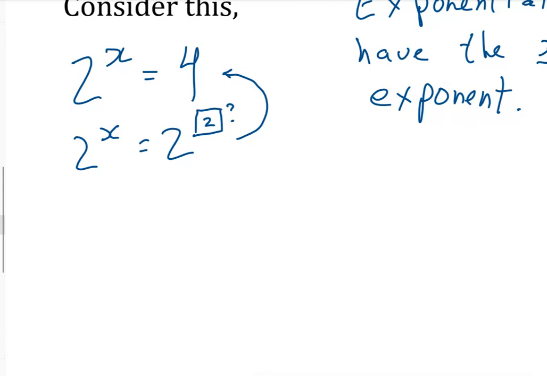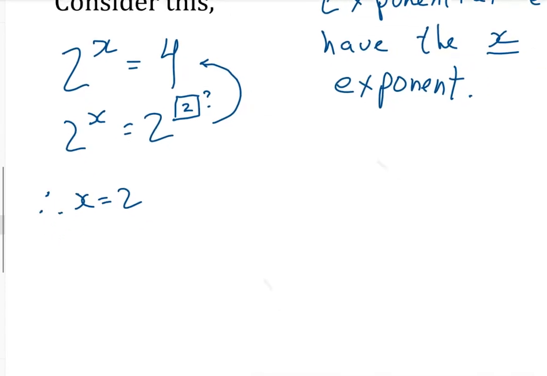If you got like +7, okay, that's not going to work. But as long as all I have is 2 to the something equals 2 to the something, those somethings have to equal each other. So we're kind of just using logic, and we go, therefore, x equals 2. I got to change this example. It's so confusing because there's too many 2's involved, and you forget which 2 comes from where.